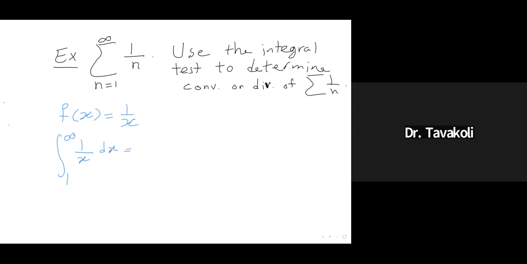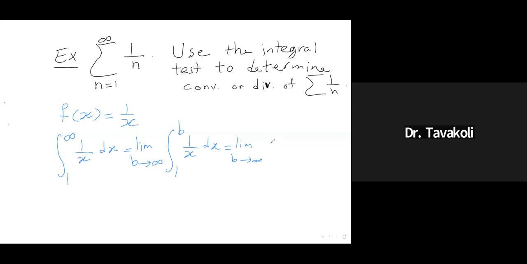Do you remember for this improper integral how we did this? As you might remember, we calculated this as follows. The integral from 1 to b, and then we let b tend to infinity, of 1 over x dx. The limit as b tends to infinity.